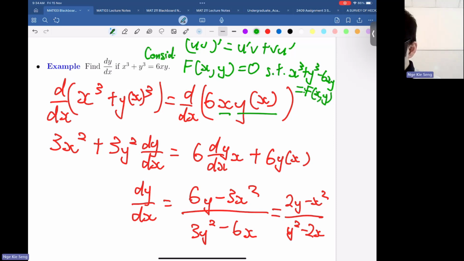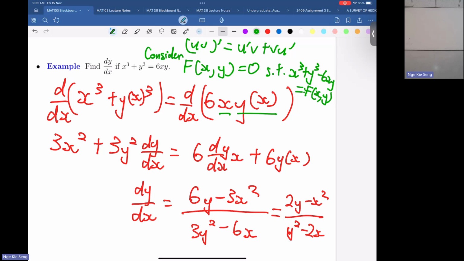Consider this. If we treat this equation as a level curve, then I claim that you can get this answer straight away from f through some partial derivative. Which partial derivative can we pick?